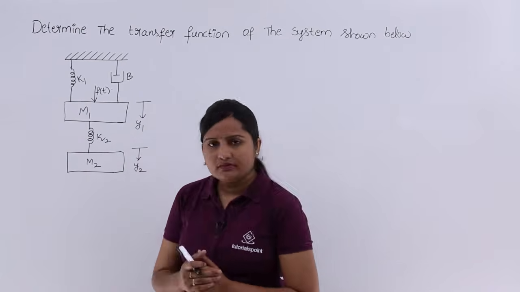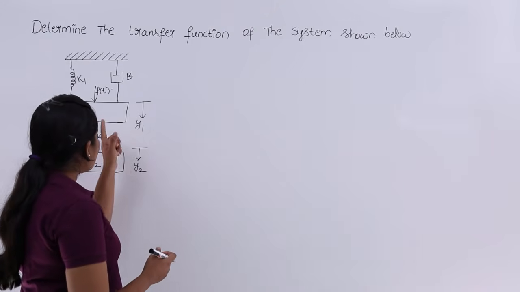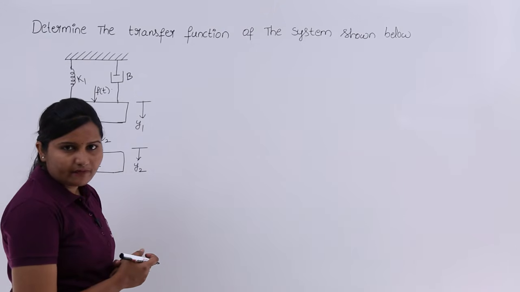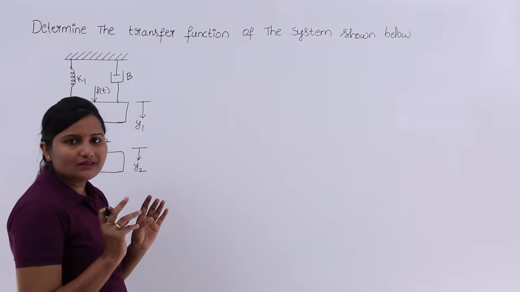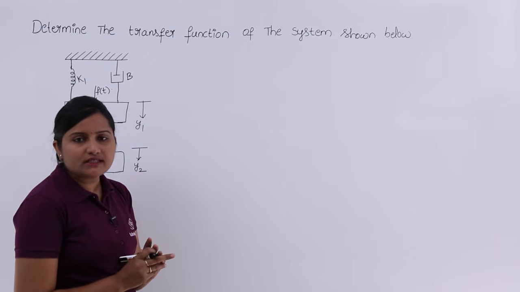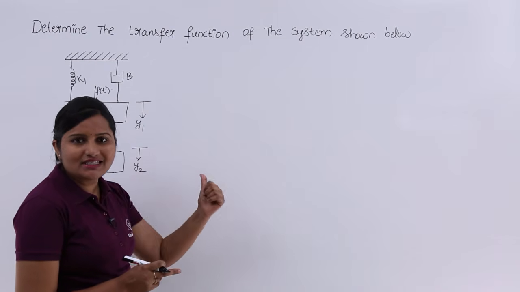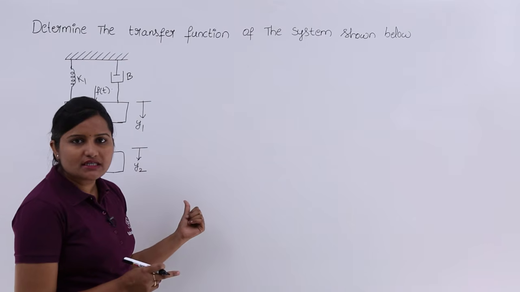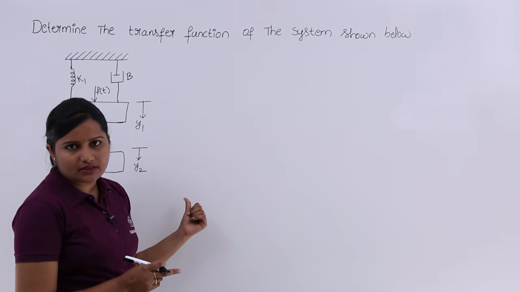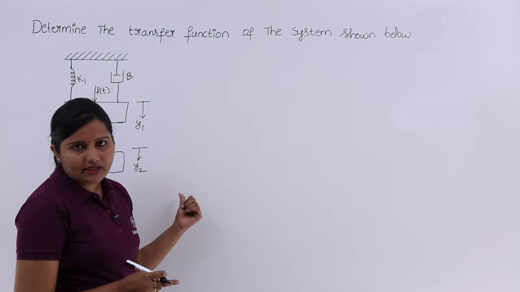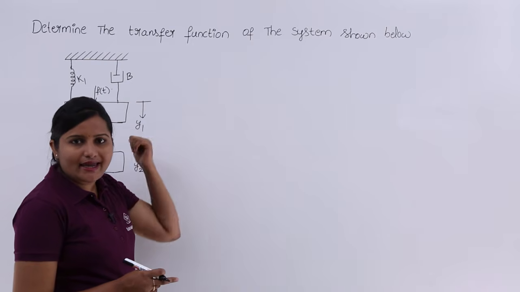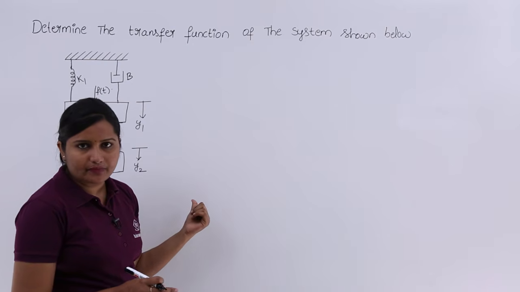For example, to draw the free body diagram for mass m1, I want to give you three important steps. First, ensure whether the system is mechanical translational or mechanical rotational. This is a mechanical translational system according to the elements in this diagram.